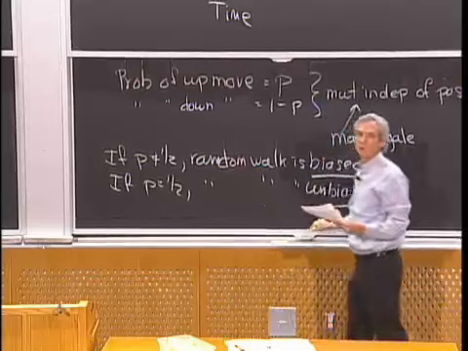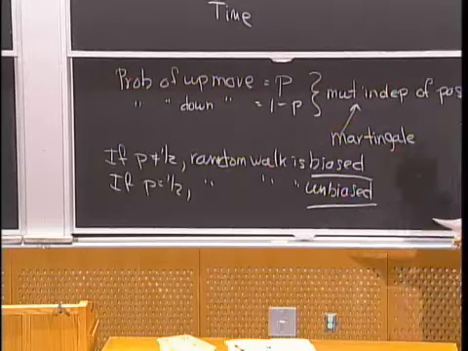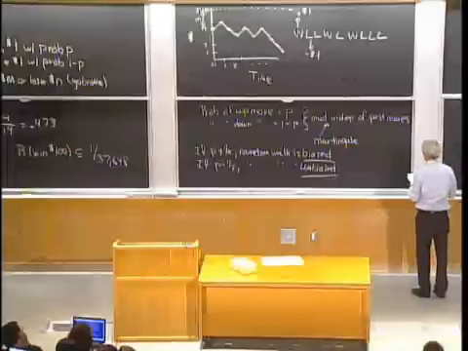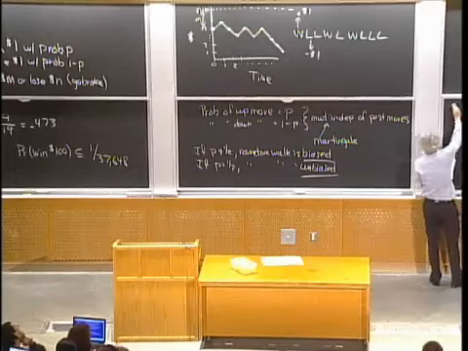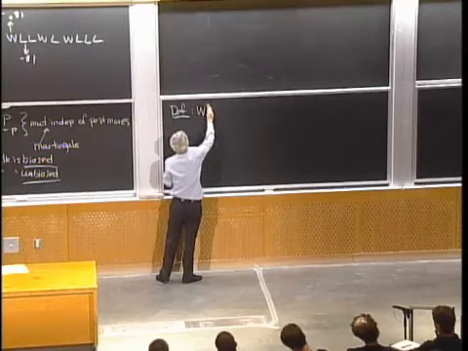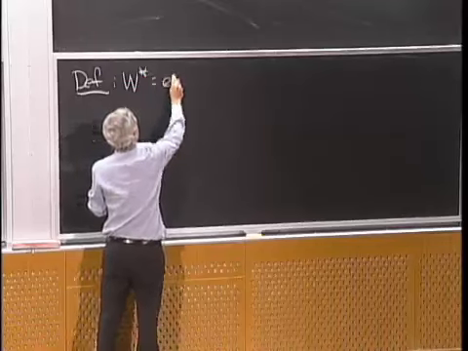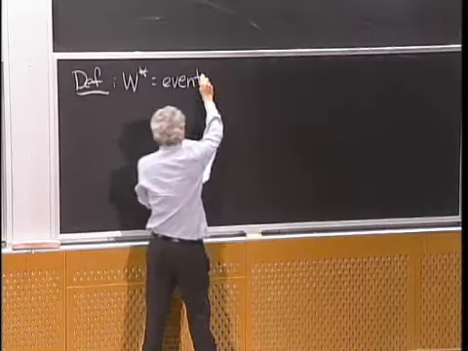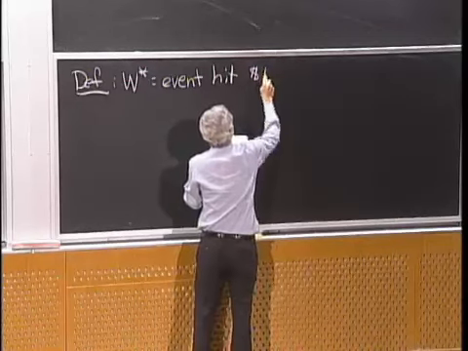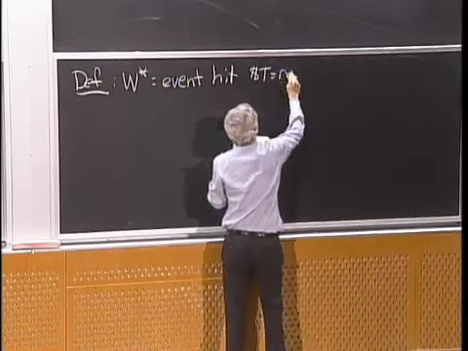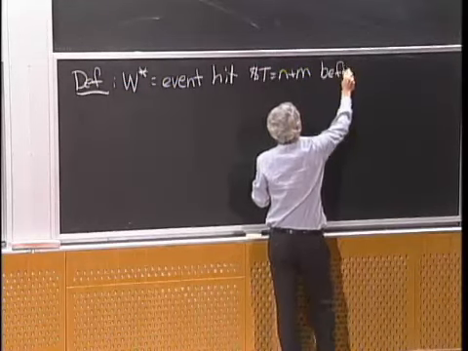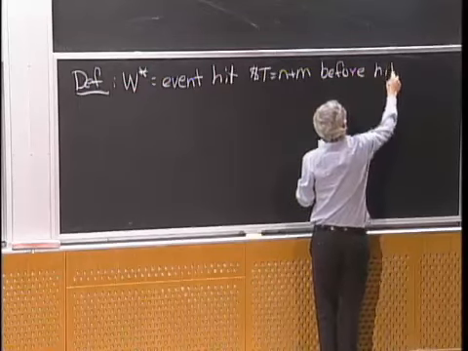And what we want to do is analyze the probability that we hit that top boundary before we hit the bottom boundary. So we're going to define that event to be W star. W star is the event that the random walk hits t, which is n plus m, before it hits 0.